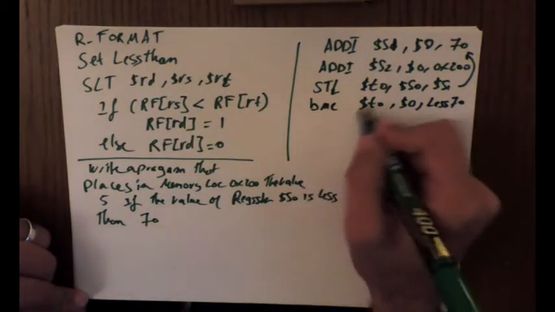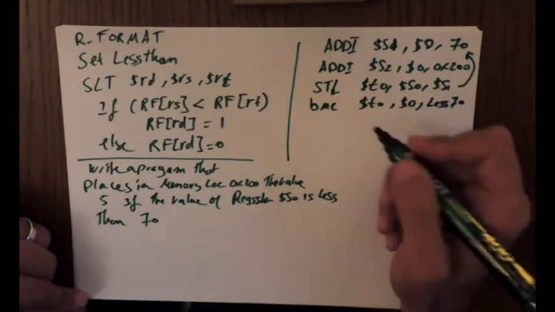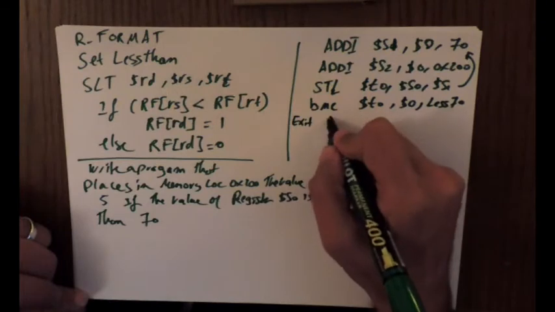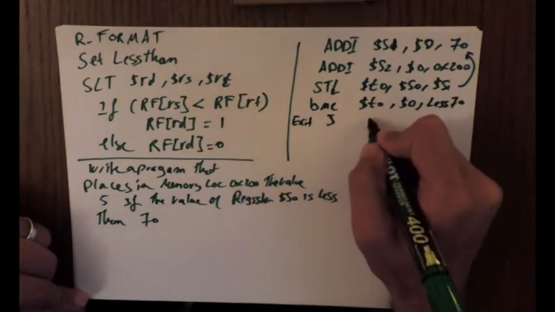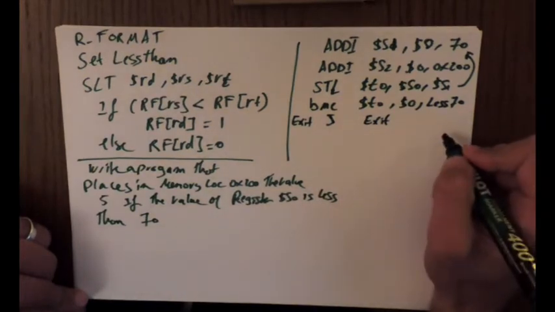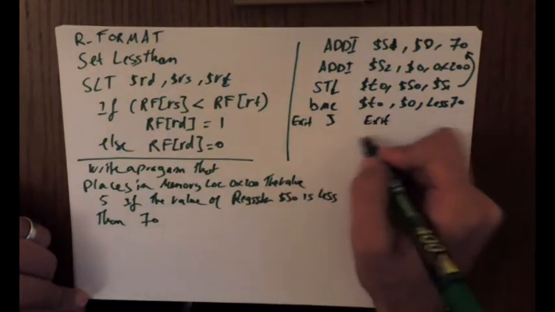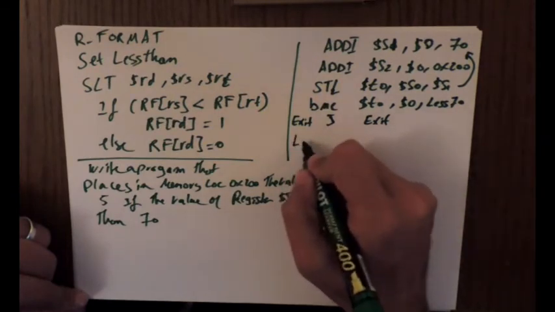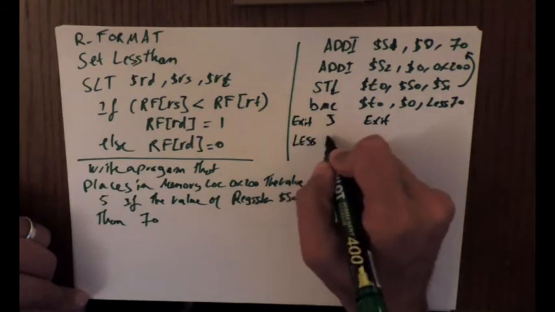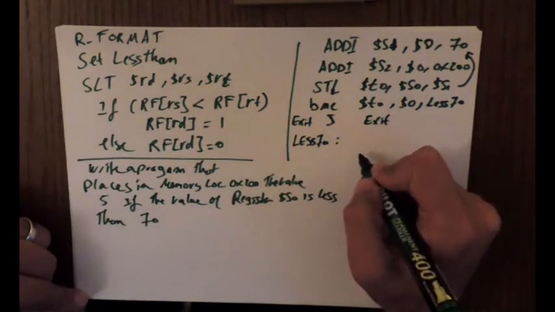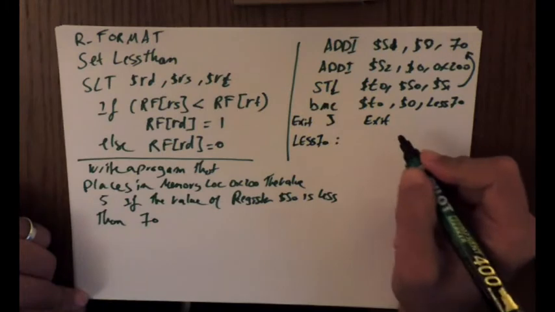Here I'm gonna say, okay, if it's not, I'm gonna just close the program, exit, jump to exit. So this just stops the program and will be in an infinite loop. Otherwise, it will jump to less 70.